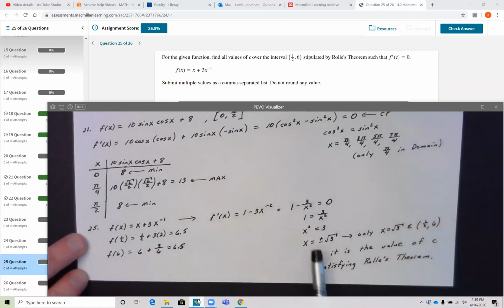Now, the only one of those answers that's within our interval, and we knew there had to be at least one answer between 1/2 and 6 that satisfied this criteria, is the root of 3. So the value of x equals c that satisfies Rolle's theorem, such that the derivative is equal to 0, is the square root of 3.